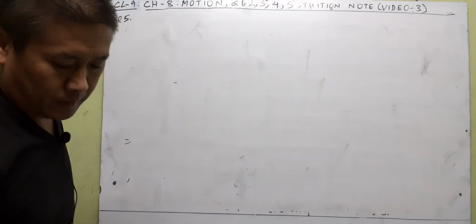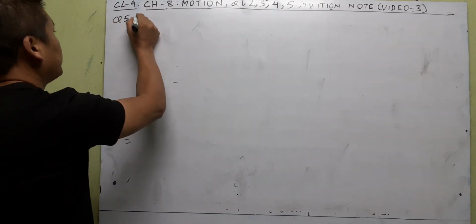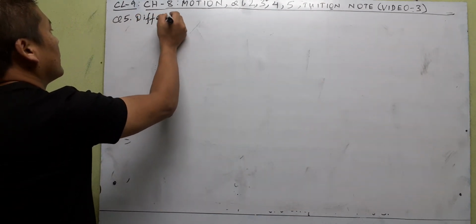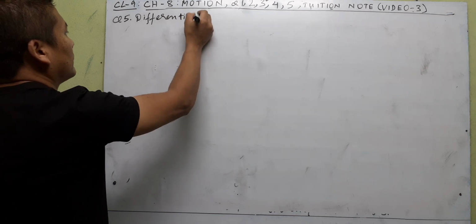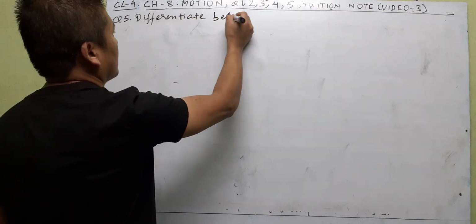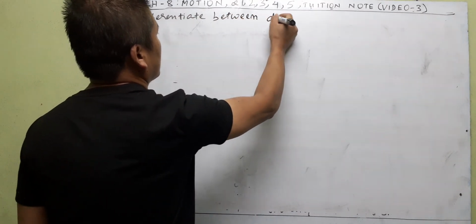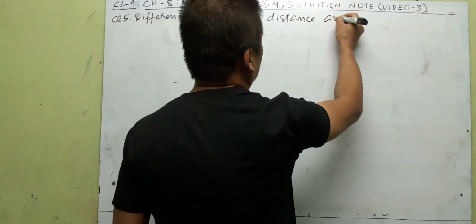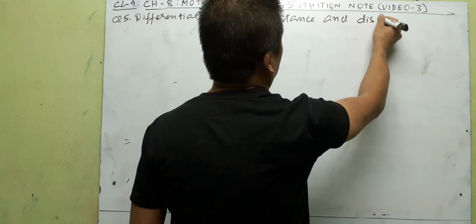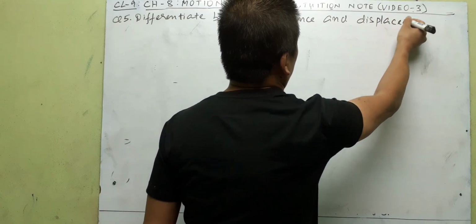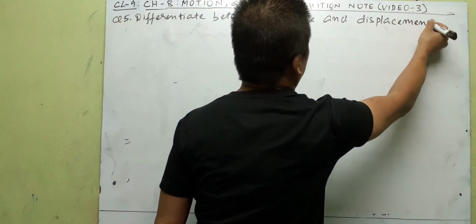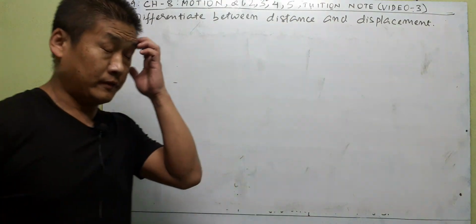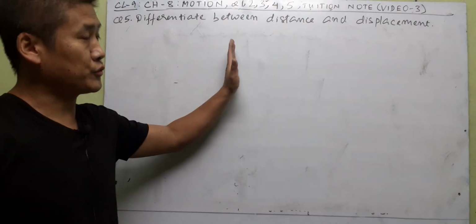That is, differentiate between distance and displacement. So we are going to discuss in detail these two terms again in this question, even though we have known the basic difference between these two, right?